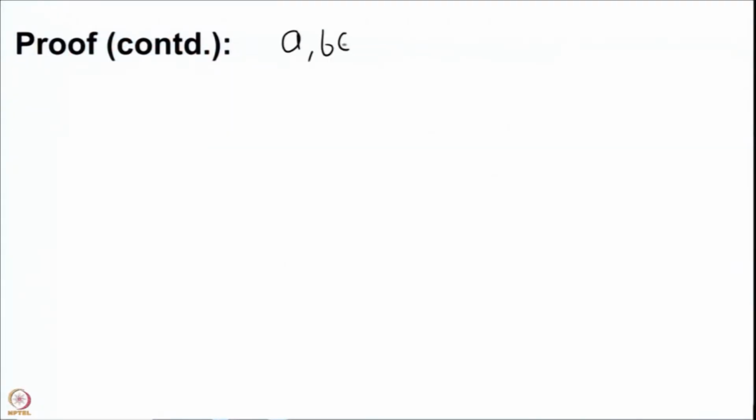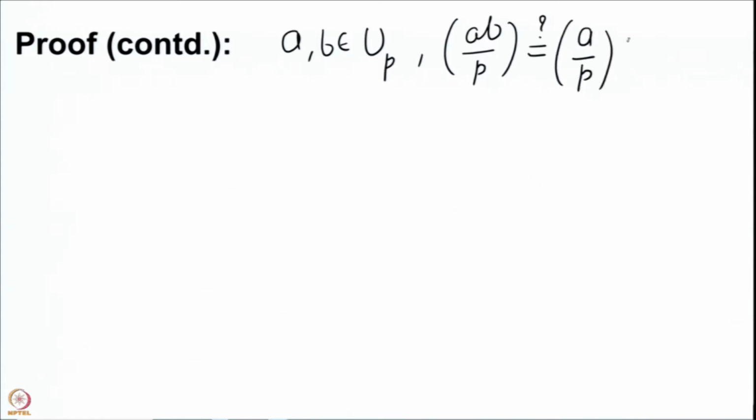A, B are in UP and we want to check whether (AB/P) is the same as (A/P)(B/P). Now, we observe that UP has a primitive root.